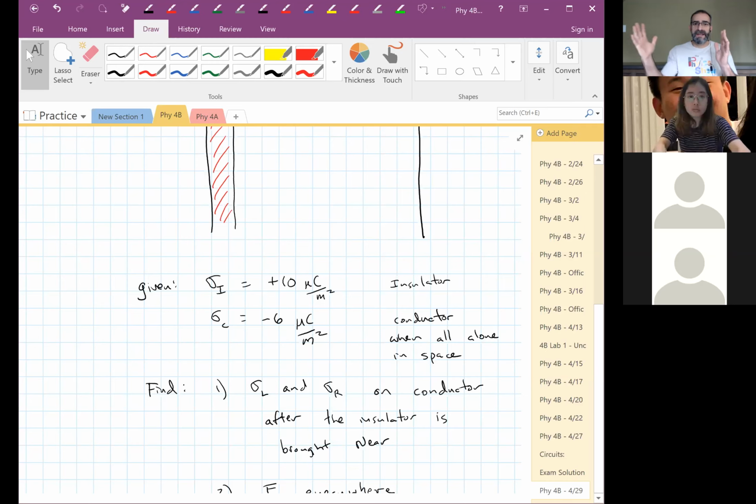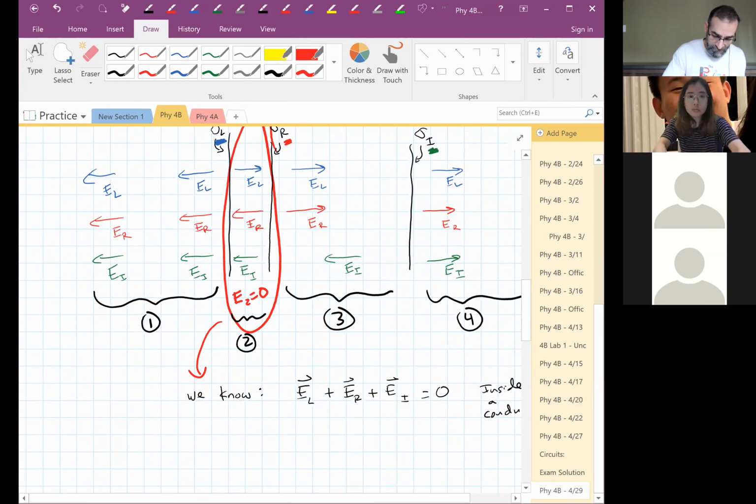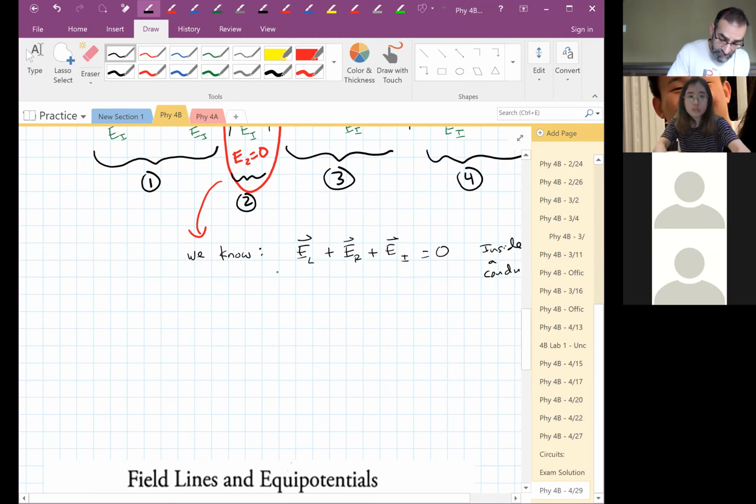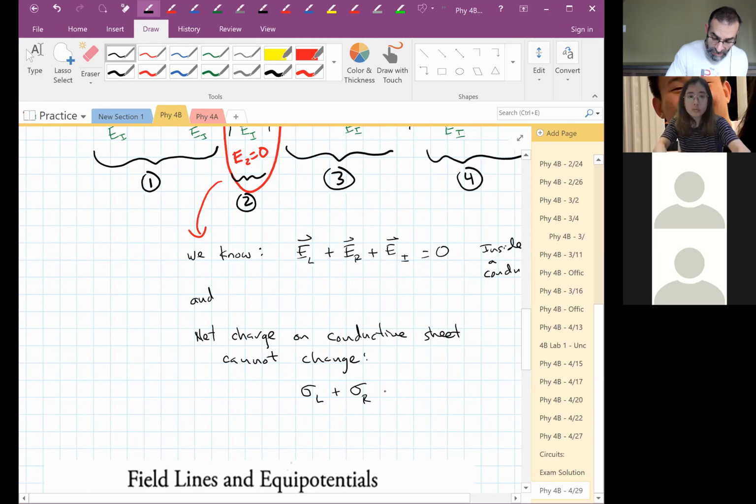It's isolated. So when we bring that other charge in, the charges can redistribute, but the net charge on that sheet has to be the same. So sigma left plus sigma right has to equal whatever charge was on there before.